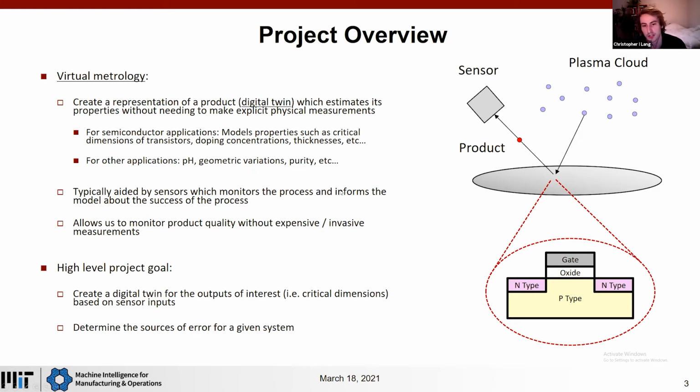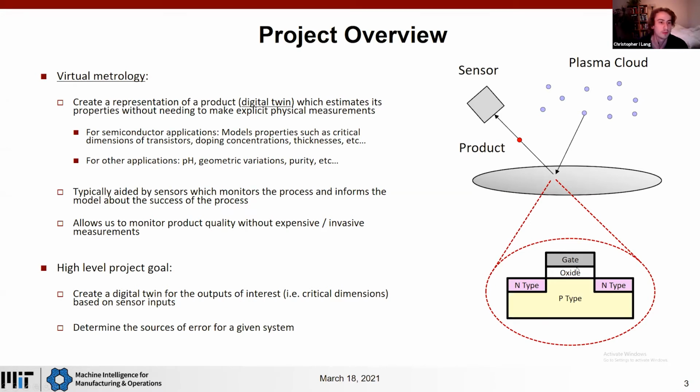For other applications, I could see you wanting to create a virtual model for things like the pH of a system or some other purity or geometric variations. The key is that we don't want to take explicit measurements of these things, which may be very difficult, invasive, or expensive to measure.